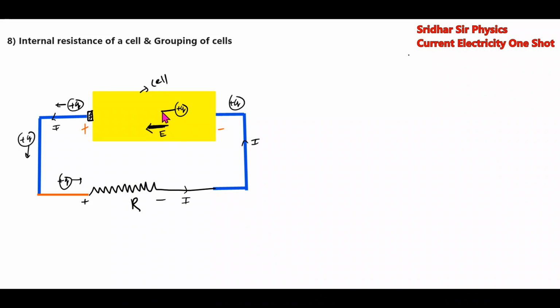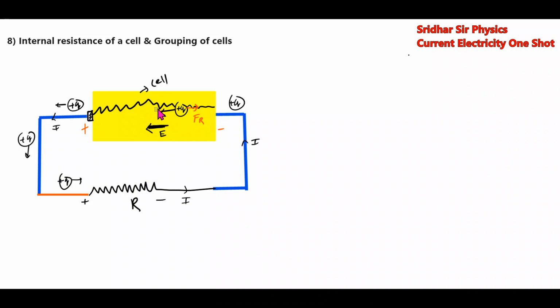So the electrostatic force will be acting like this. Then this charge will encounter collisions, and because of this it will experience a resistive force by the material.